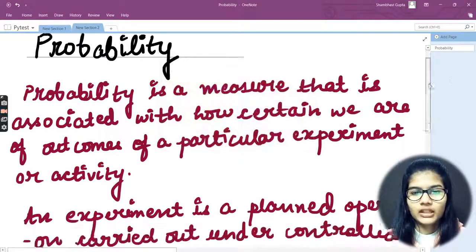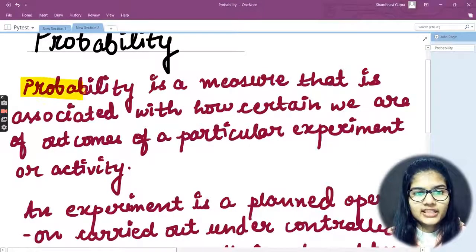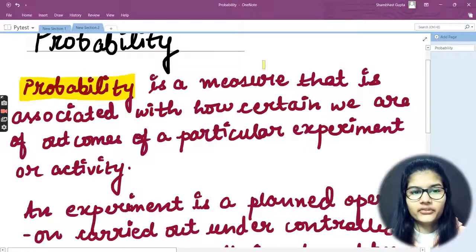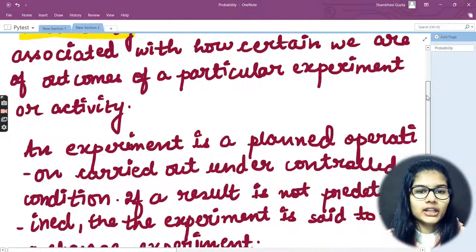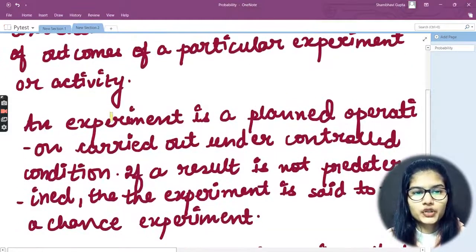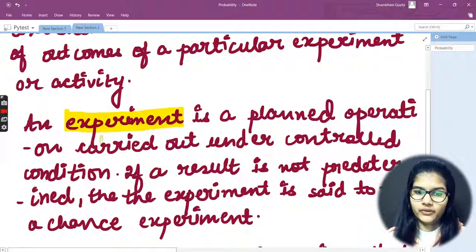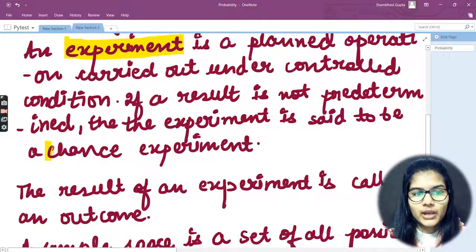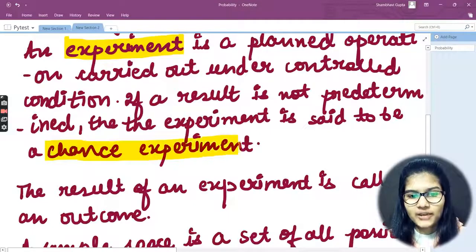So first of all, we discussed probability, right, in the very beginning. Further, I took you through what an experiment is, then a chance experiment, a type of experiment.